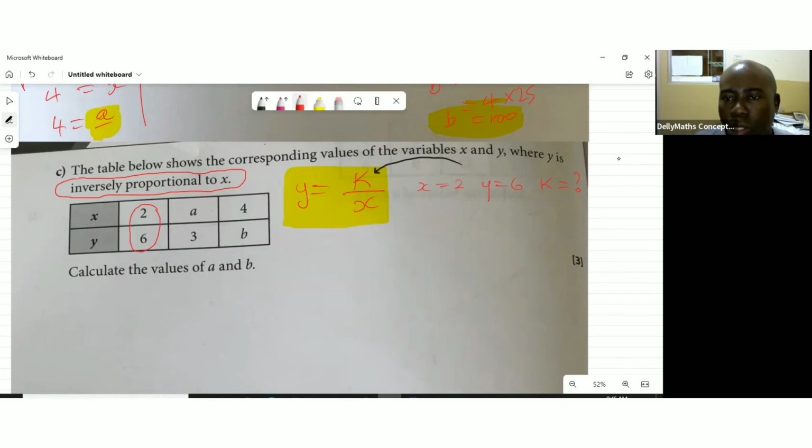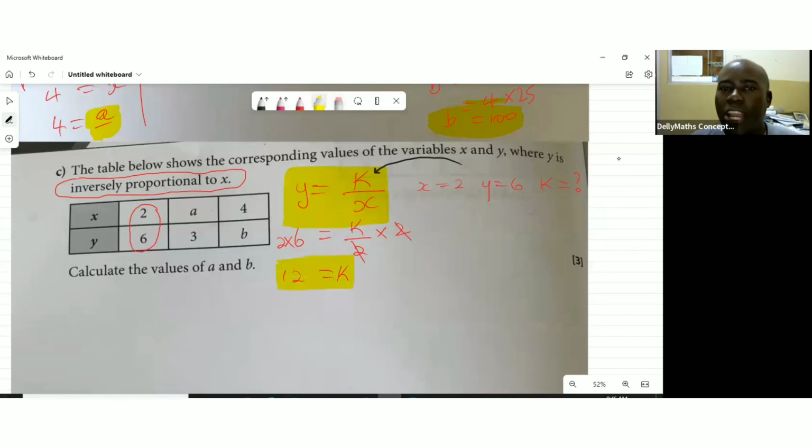So y, which is 6, is equal to k over 2. What we're going to do is multiply both sides by 2 in order to get k by itself. So k is equal to 12. So the constant of variation is 12.